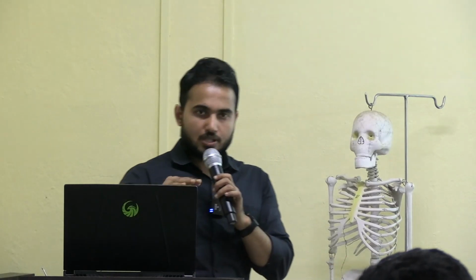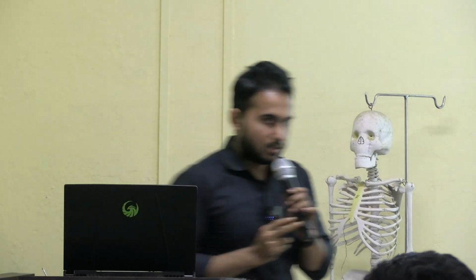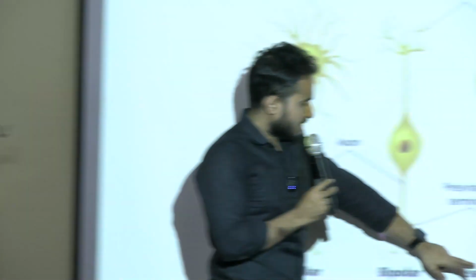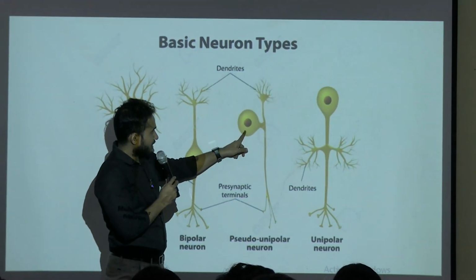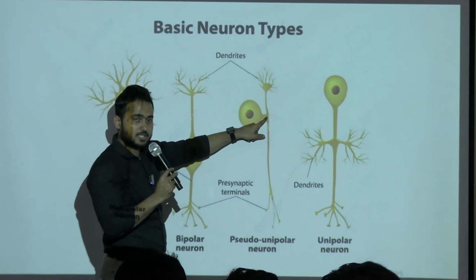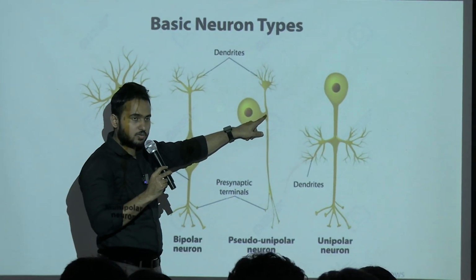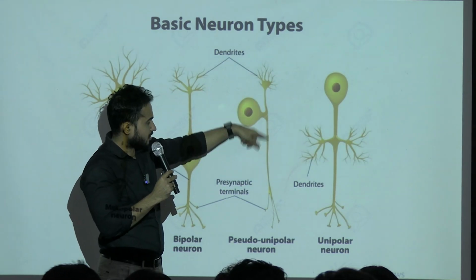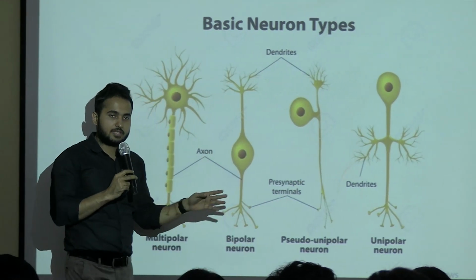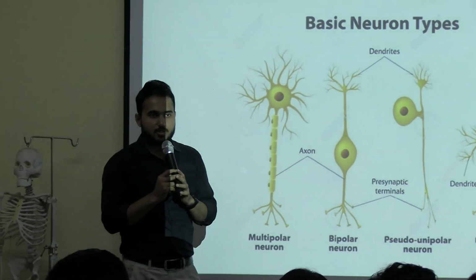Now in case of pseudo-unipolar, what happens? Actually one process is coming out from the cell body, and after a short course, it divides in a T junction. Here you can see this is the pseudo-unipolar, this is the cell body. From the cell body, one process is coming out. After a short course, it divides into two processes, one the peripheral process, another the central process.